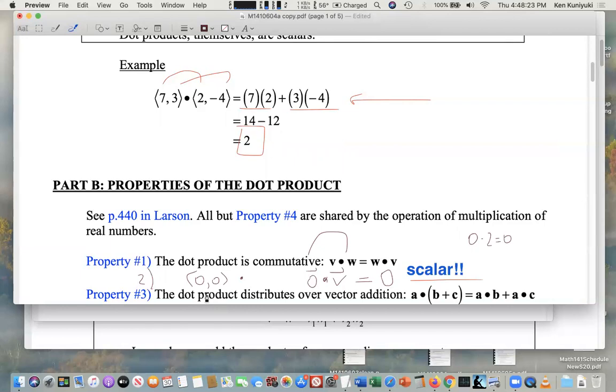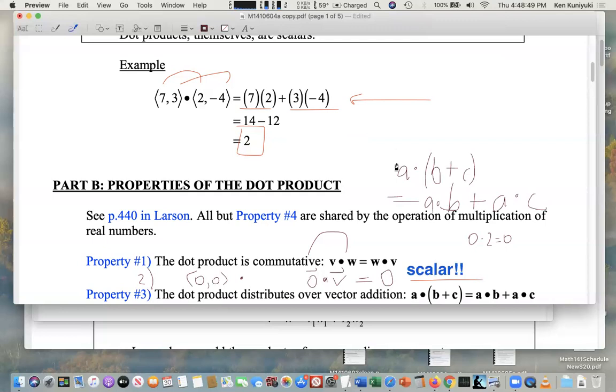Also, just like old school, the dot product distributes over vector addition. You may remember that in old school algebra, the number a times the sum b plus c we can write as a times b plus a times c.